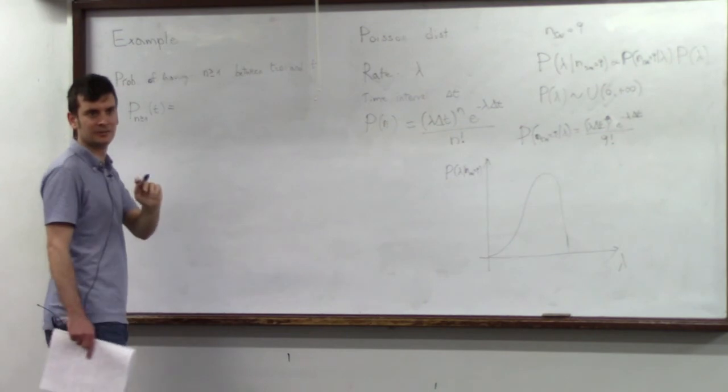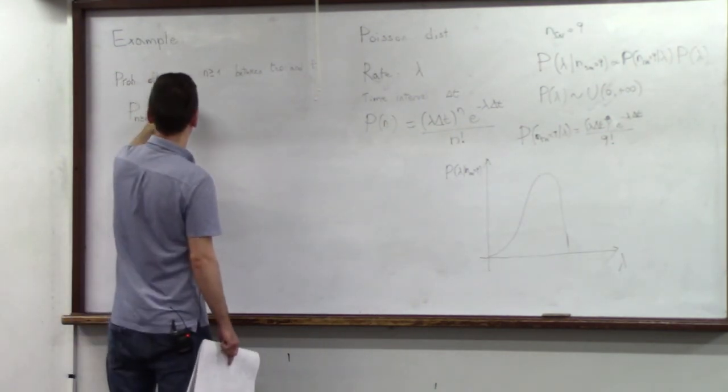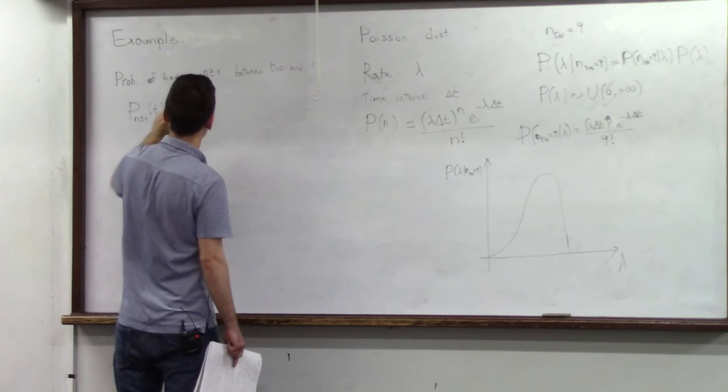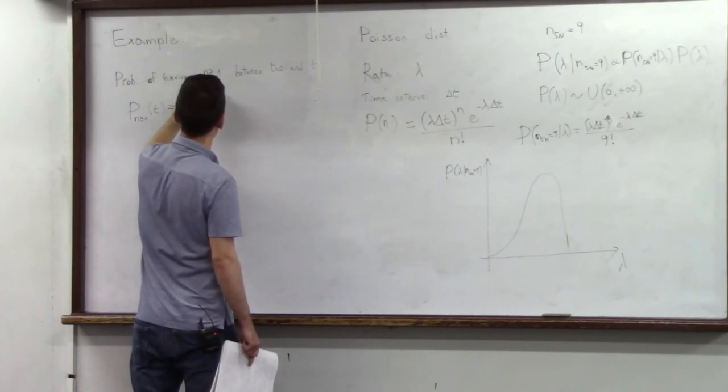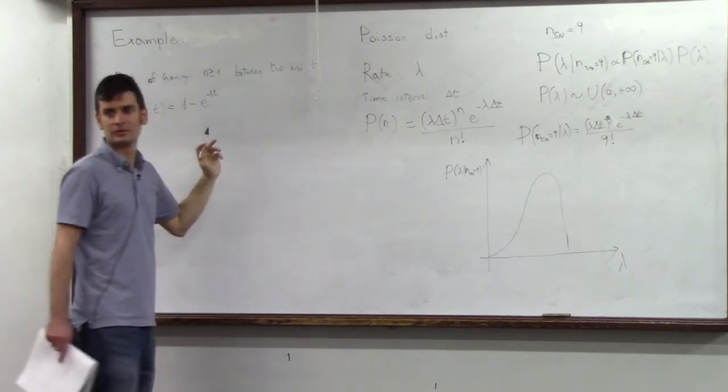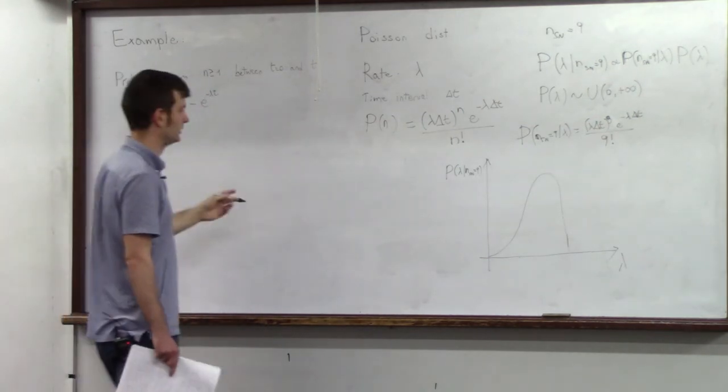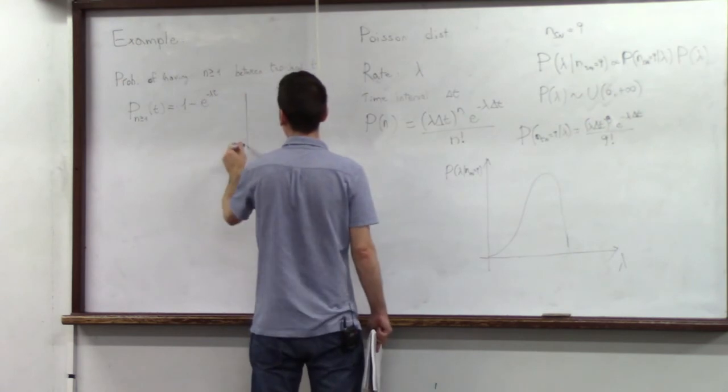Given the rate, this is what we get, which is related to the exponential distribution.